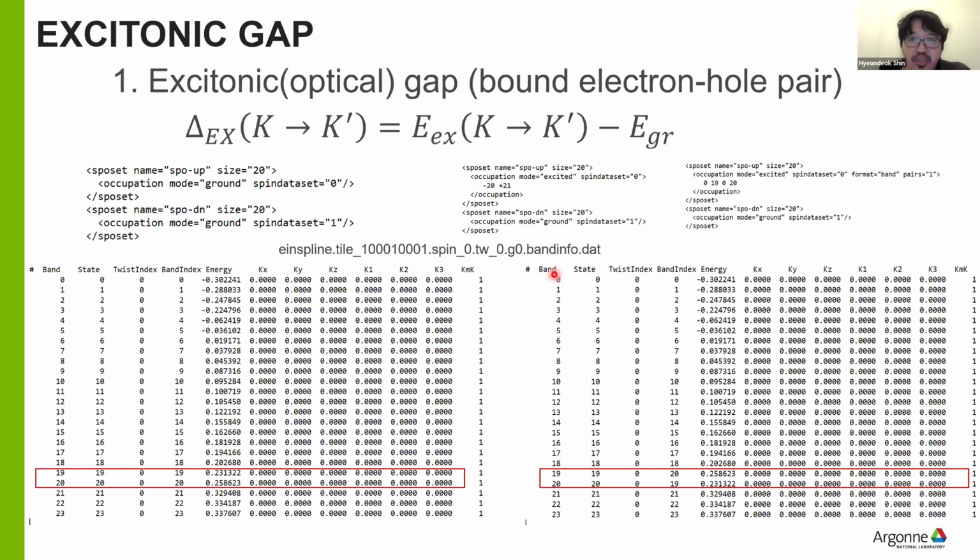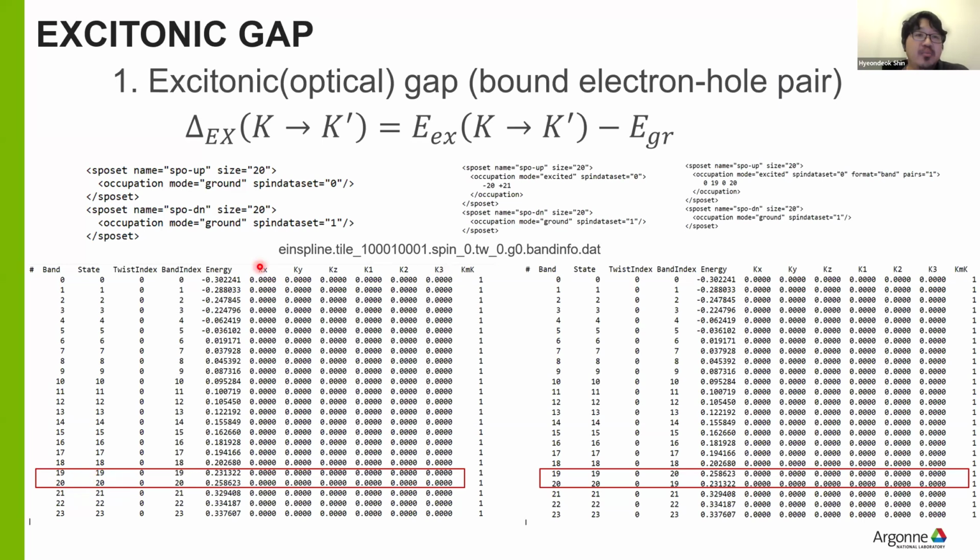One is to use the band number, or we can use the twist index and the band index. The left example shows how to use the band number, but you need to be careful because the eshdf file counts the band number starting from 0, but in this template the band number starts from 1. So we need to add 1 to express promoting the electron from band number 19 to 20.